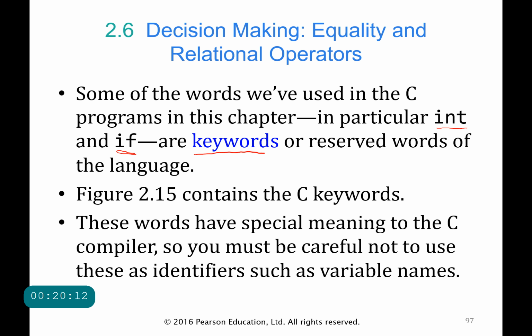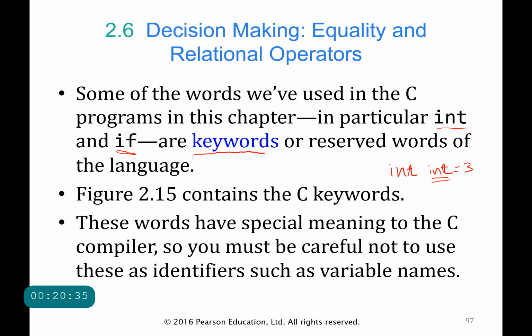So you should not call a variable something like int = 3, because int has special meaning, so it will be considered a keyword and the compiler would not know what you're trying to do here.